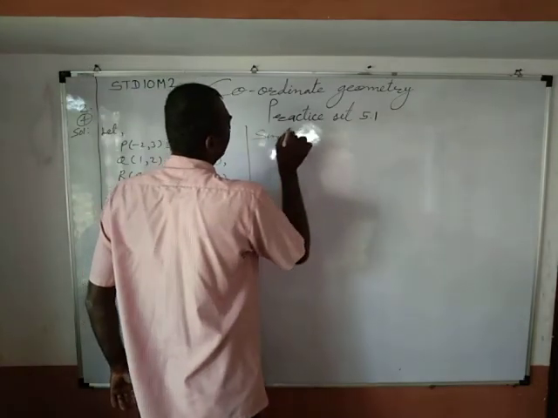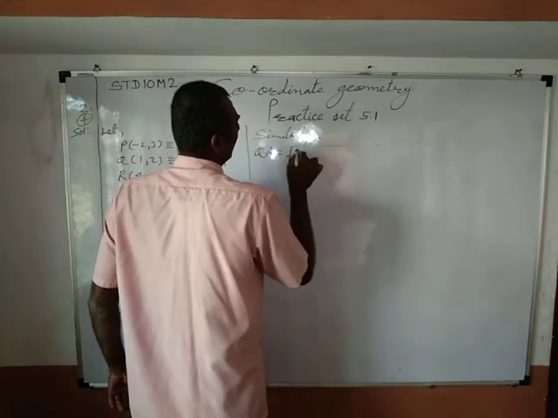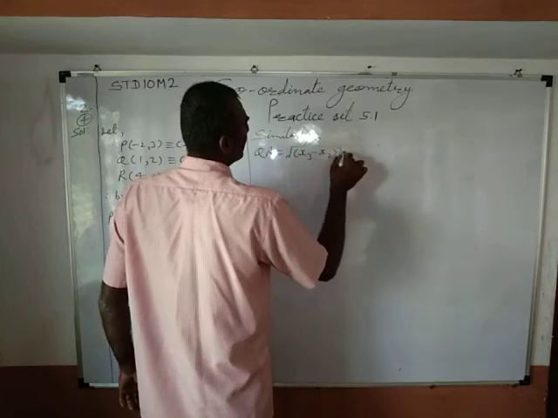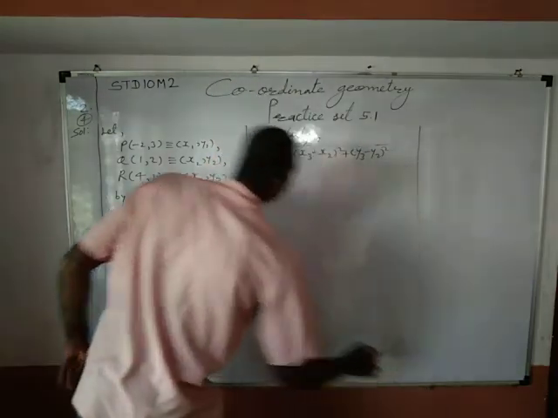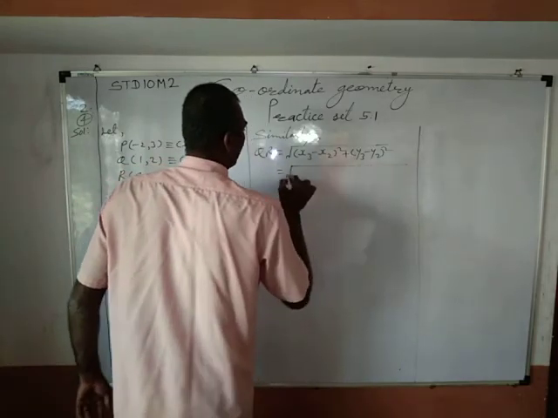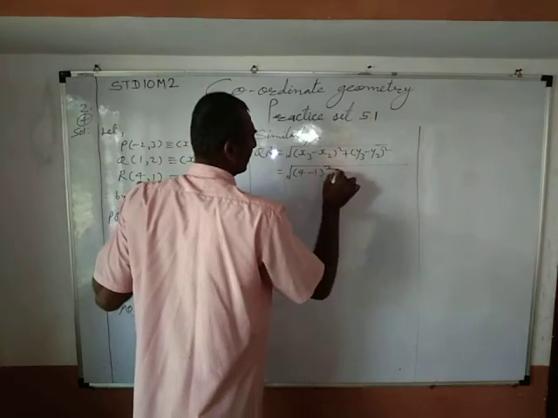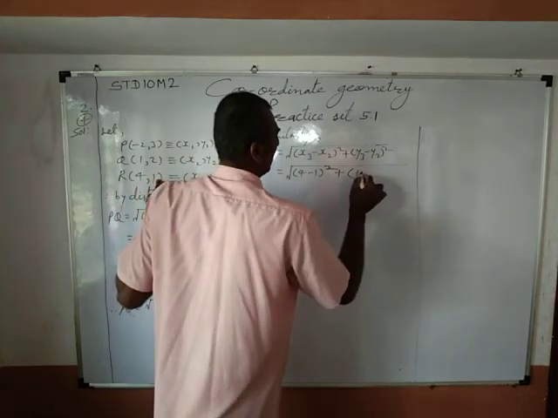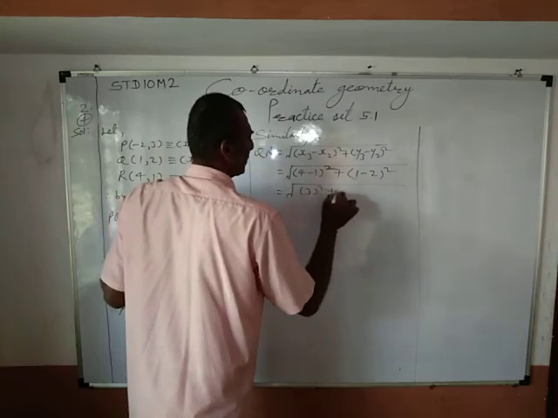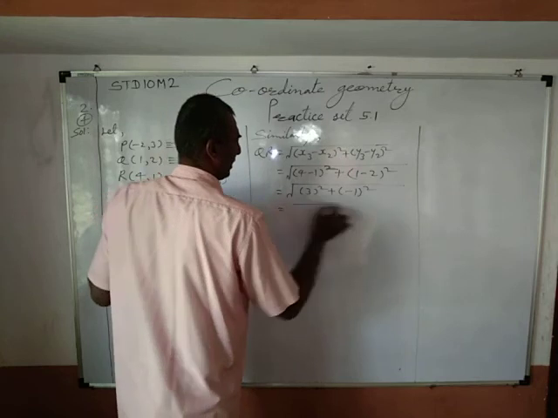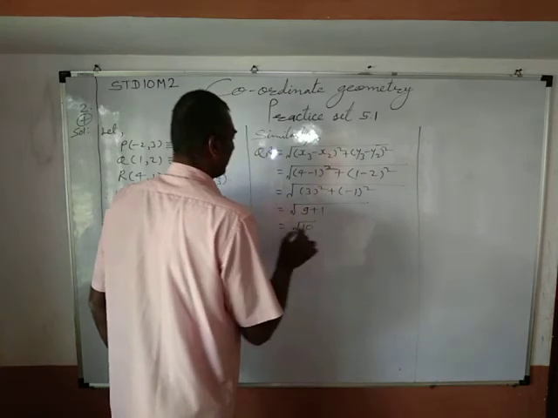Similarly, QR equals under root (x3 minus x2) whole square plus (y3 minus y2) whole square, equals under root (4 minus 1) square plus (1 minus 2) square, equals under root 3 square plus minus 1 square, equals under root 9 plus 1 equals root 10.